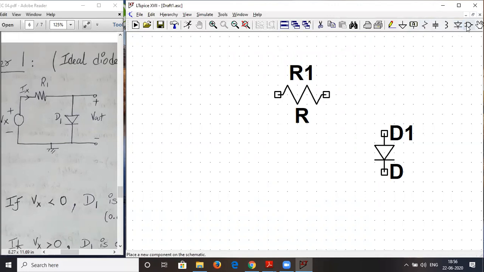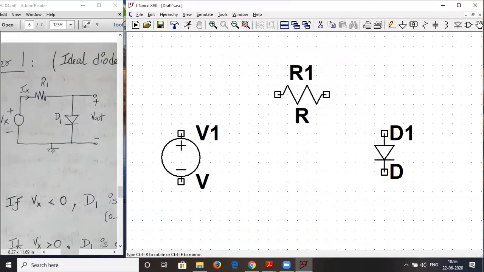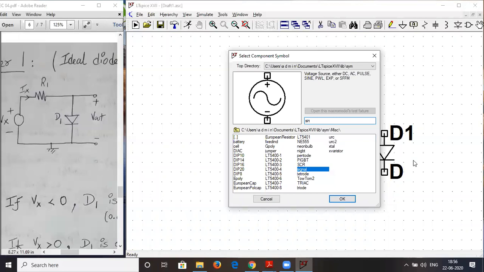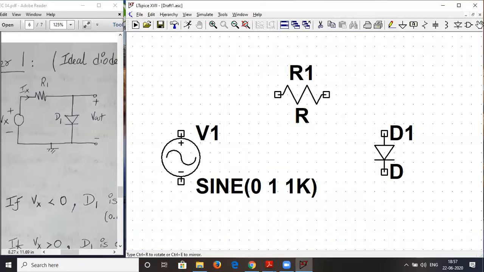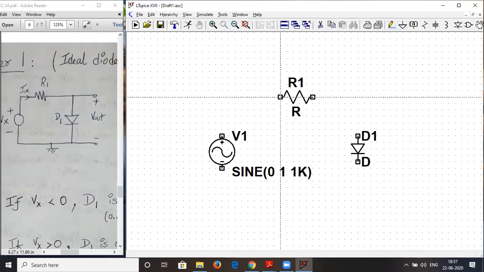And I require a voltage source, an AC voltage source basically. You can select this voltage source, and you can directly type sine here. It will directly come over here like this. Okay, and nothing else. Only three components we require: a simple resistor, a diode, and a supply. So it's a very simple diode application, but really useful.